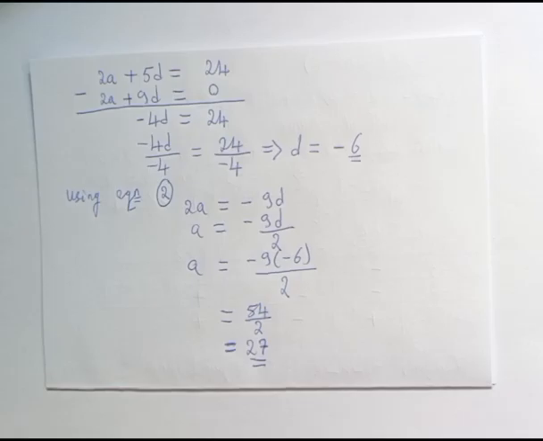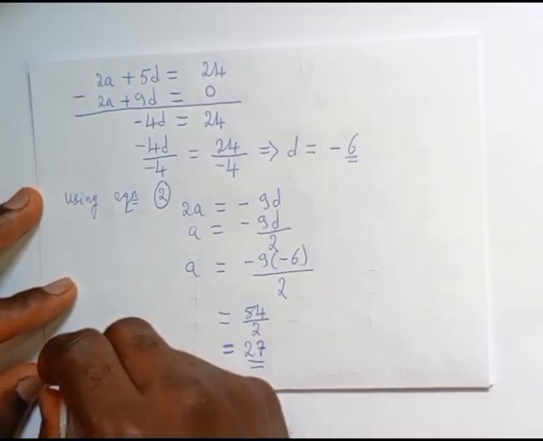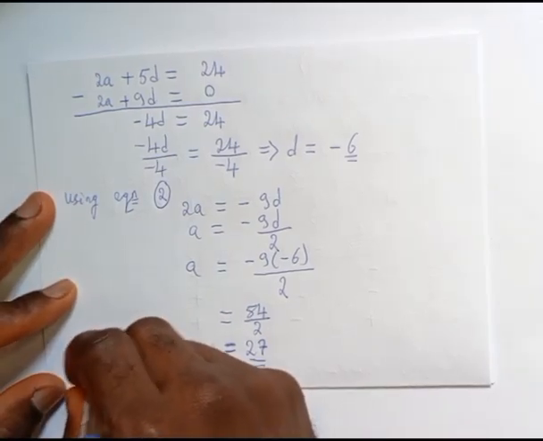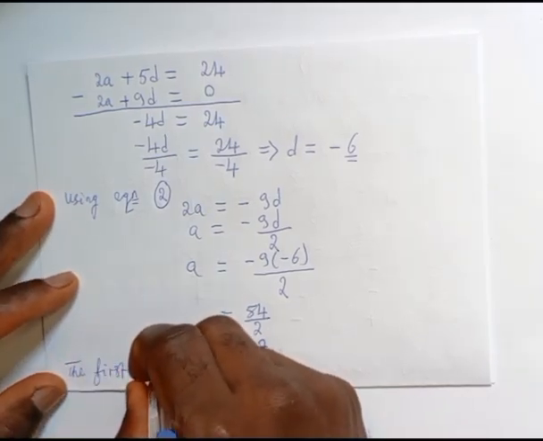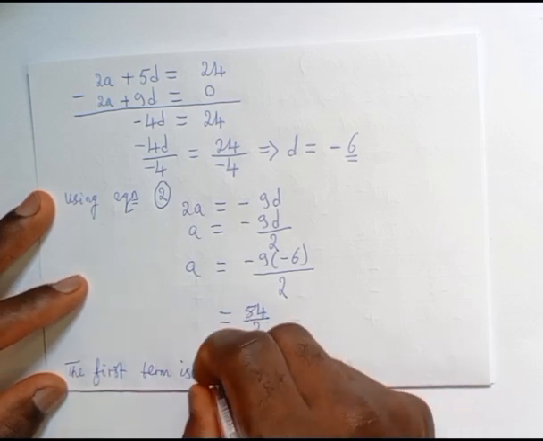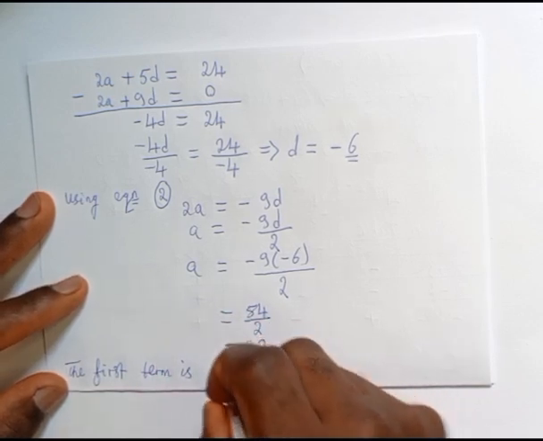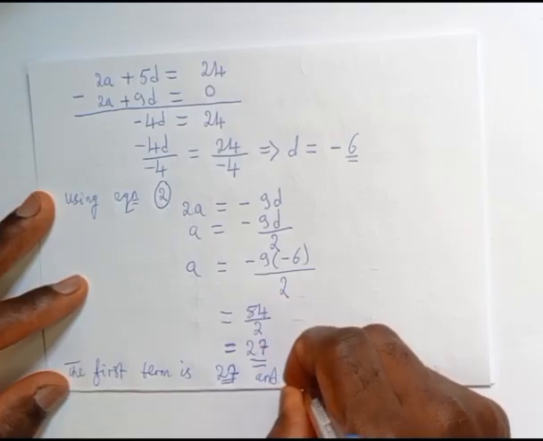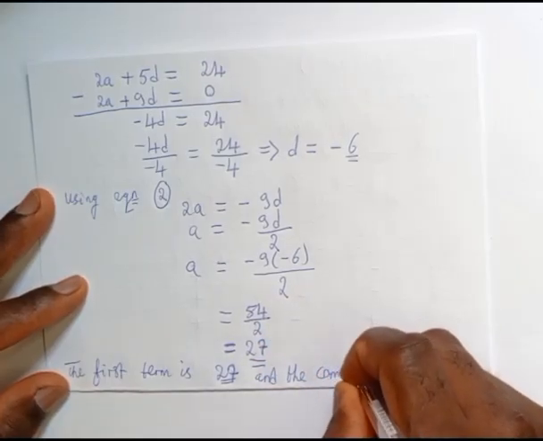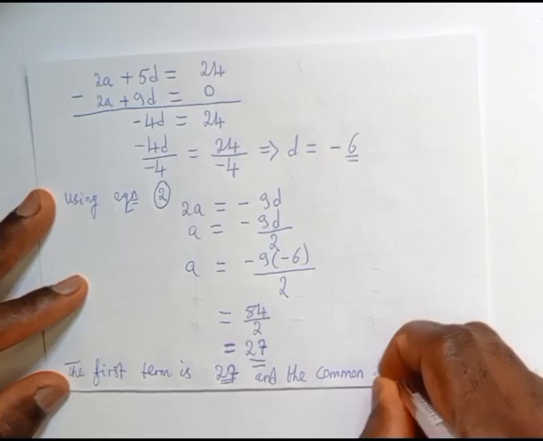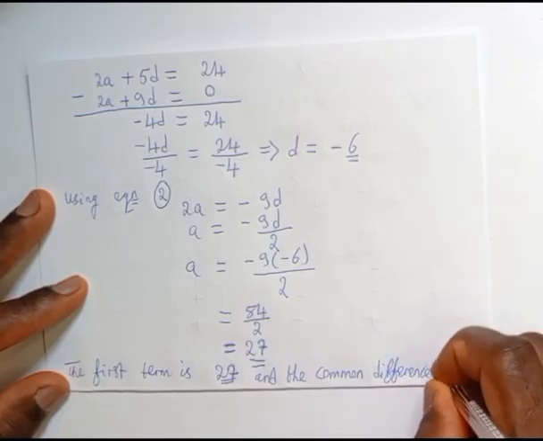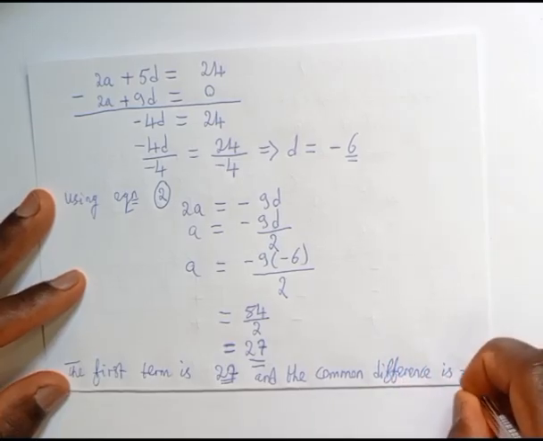Knowing the values of a and d, that is the first term and the common difference, we can find the sum of the first 10 terms of the AP. Let's conclude. The first term is 27 and the common difference is negative 6.